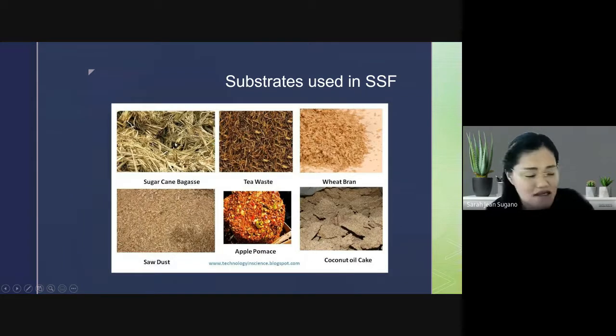So sugarcane bagasse can be used also for the production of ethanol, and for the production of PHB. It is a biodegradable plastic that can also be used for packaging of some food products, so that it's environment friendly.